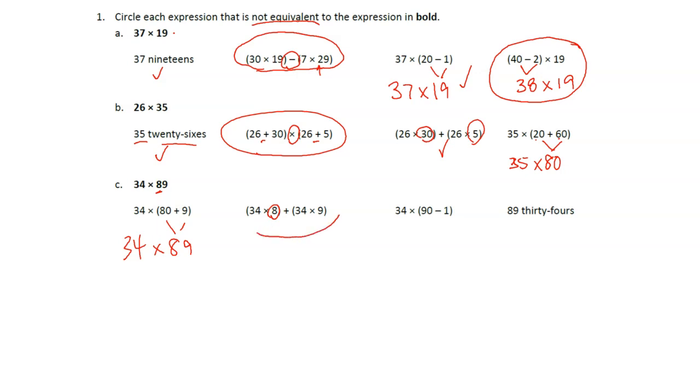So we know that this is going to be a red flag. That's not equivalent, so be careful. We know that 90 minus 1 is 89, and this is equivalent to 34 times 89, and 89 34s is also equivalent. So the only one that is going to be circled for C is the second one here. All right, let's go ahead and push forward.